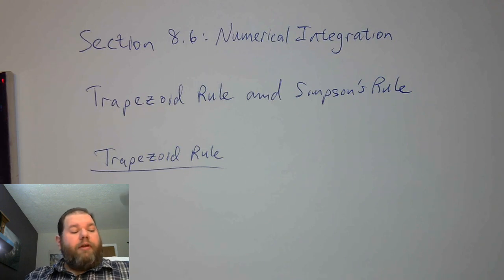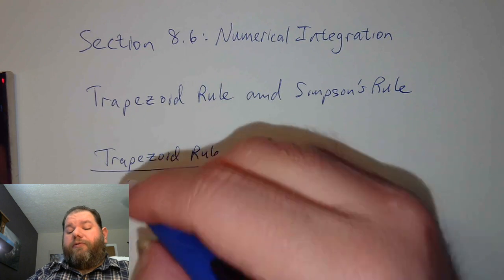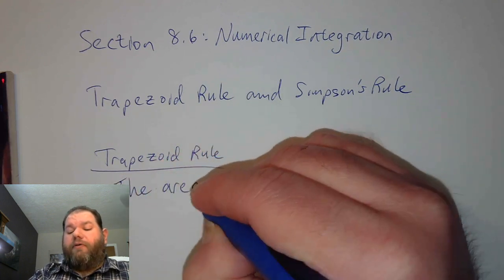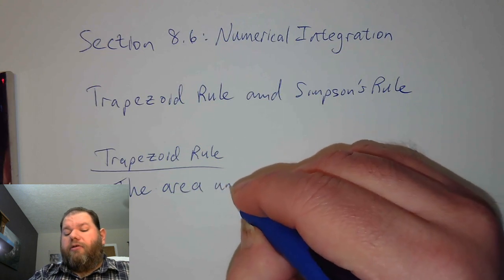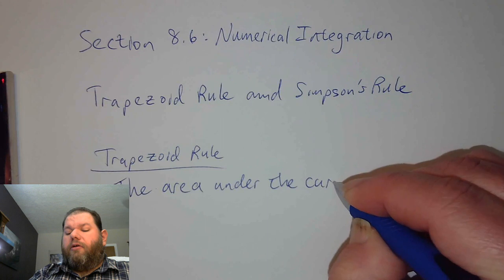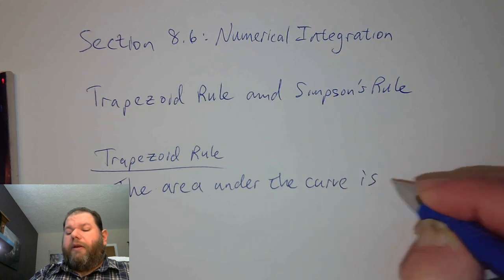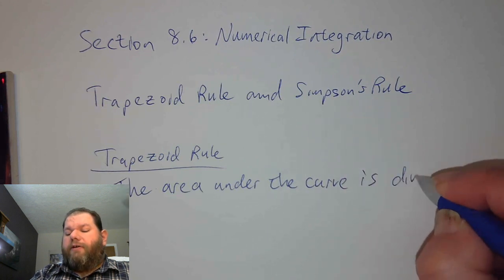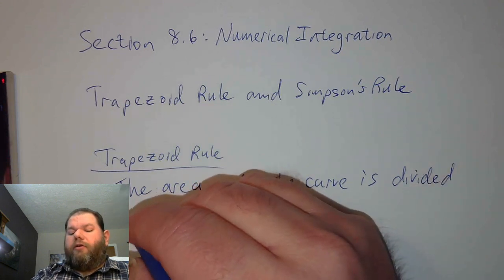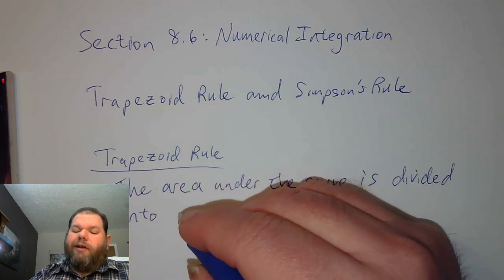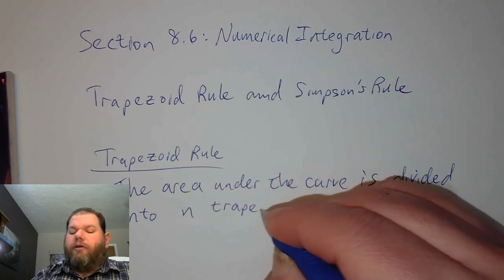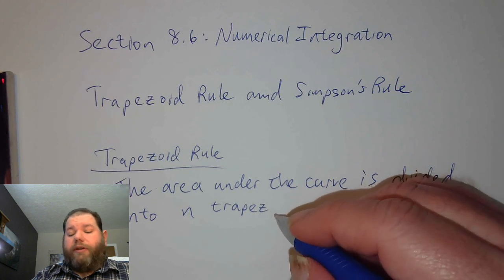So, the idea with the trapezoid rule is the area under the curve is divided into trapezoids with equal width.